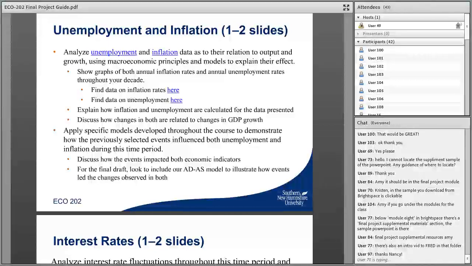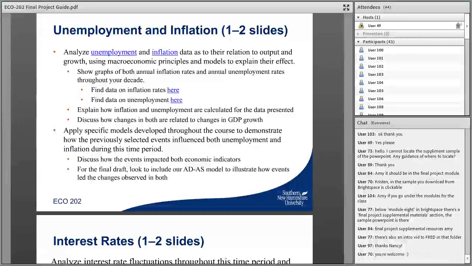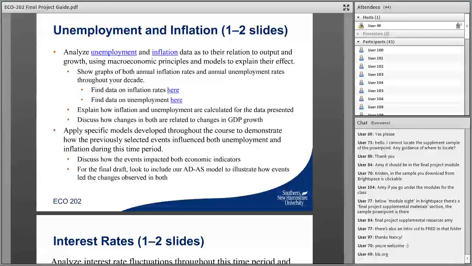Again, here you have to identify trends. To identify the trends, you would go on FRED again. You can download a graph for unemployment trends and a graph for inflation trends. Another good website to find unemployment trends is the Bureau of Labor Statistics. So it's bls.gov.